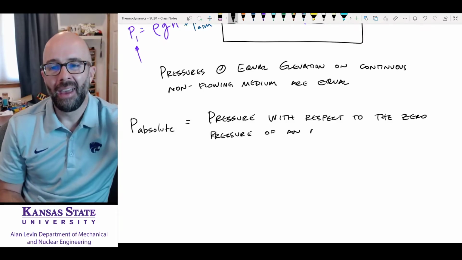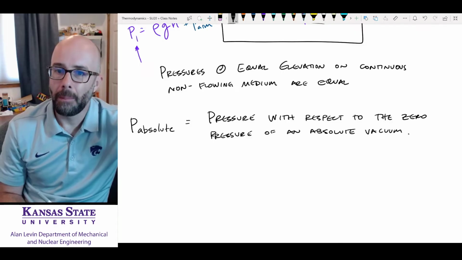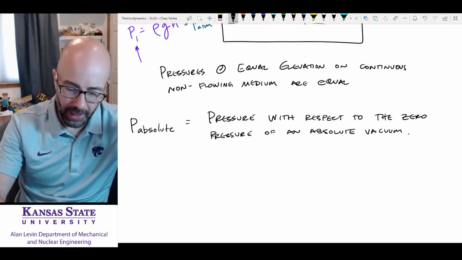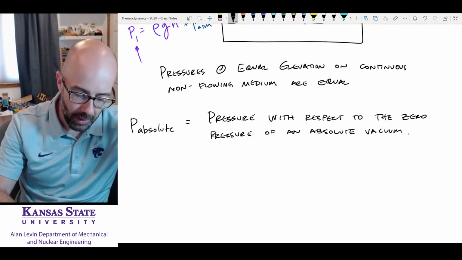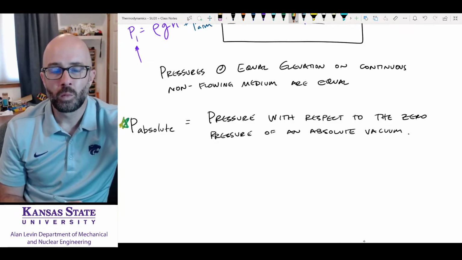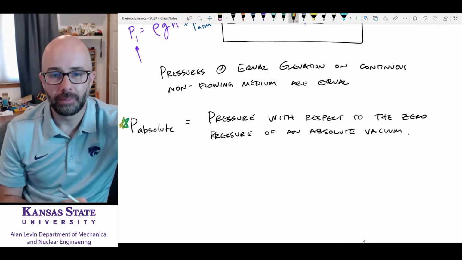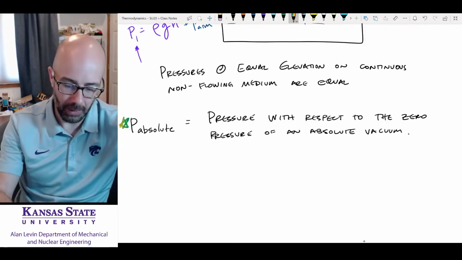Okay, of an absolute vacuum. Now, this pressure here, this is what we'll be dealing with most often in thermo. Okay, if you don't know what the problem is given to you, they're giving you an absolute pressure. That's what you need to understand. That's going to be the default in thermo.